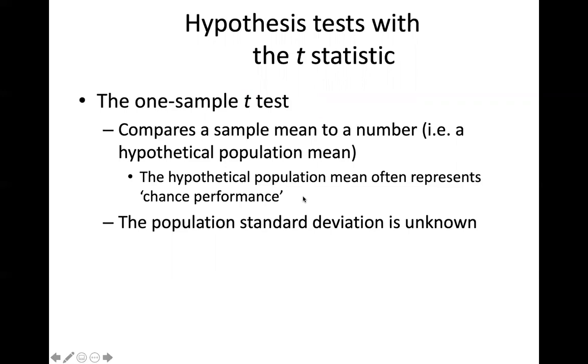When we're using the t-statistic, we don't actually know the population standard deviation. And in real life, if you don't know the population standard deviation, you're also not going to know the population mean. But there is a set of circumstances in which we can infer using probability theory what the population mean should be. And that is exactly when the one sample t-test is used.